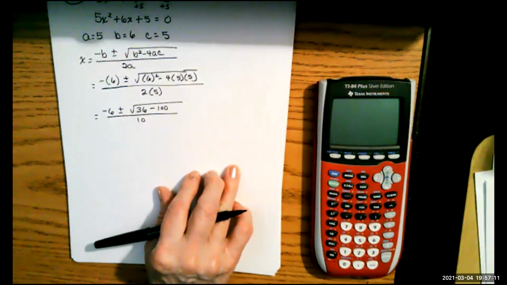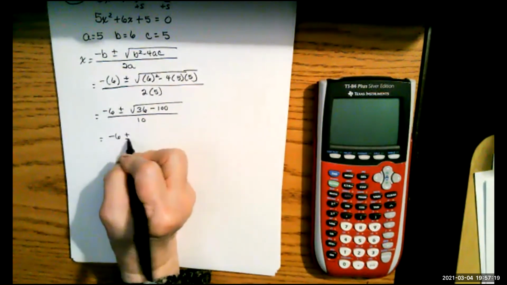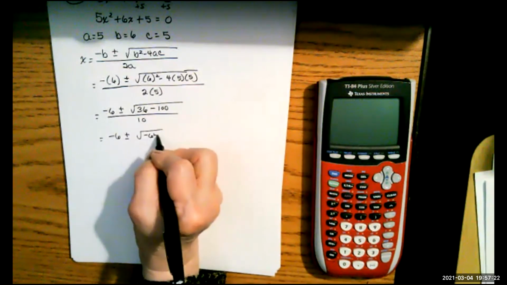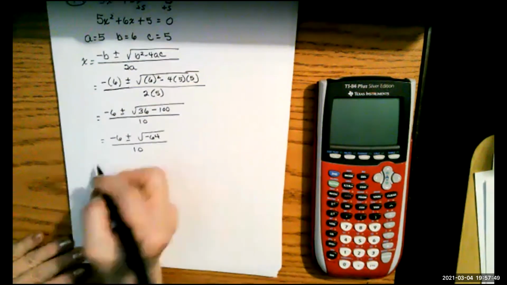I appreciate you all staying. So I have -6 plus or minus the square root of -64. Are you thinking ahead about what we're going to need to do? Is 64 a perfect square? Yes. But there's a negative there. So what do I do about that negative?